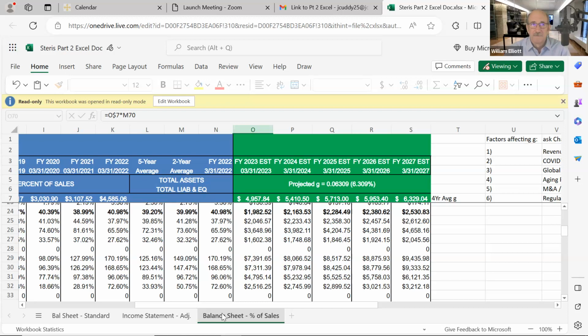And would we also have the PE for Steris as well? You could, obviously. You kind of want to look at what it is to make sure that when you're using those comps, there isn't some gross mismatch between Steris and your comps.